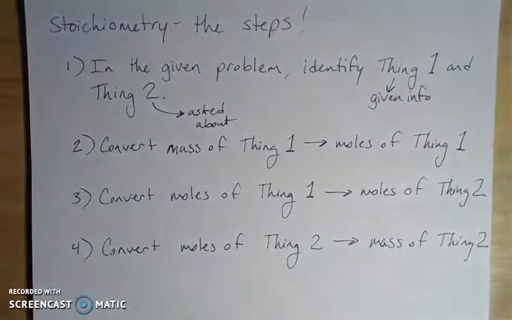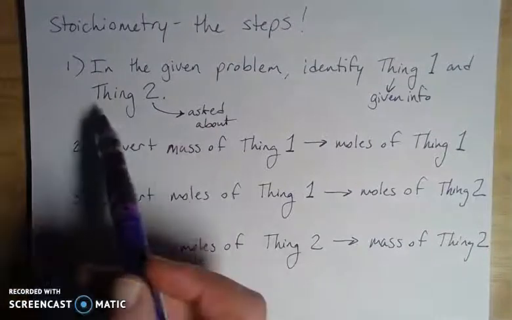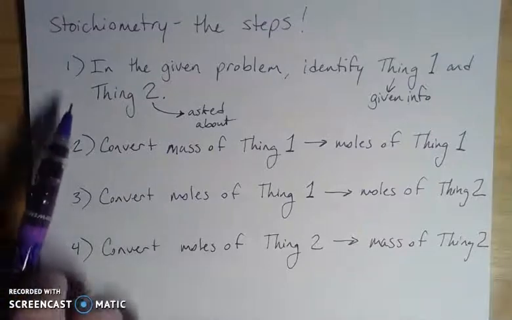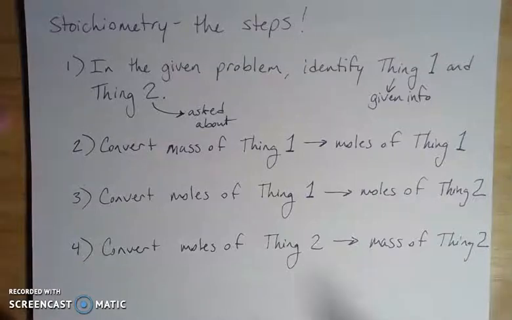So when it says, how many grams of blank can you make, then that's going to be your thing 2. So we need to first figure out what is my thing 1 and what is my thing 2. And the fun thing about this step is once you've identified those 2 things, or A and B, or whatever you prefer, then you can completely ignore everything else. That's a nice feature because we just want to focus on the 2 things that we're converting from and converting to, thing 1 and thing 2.